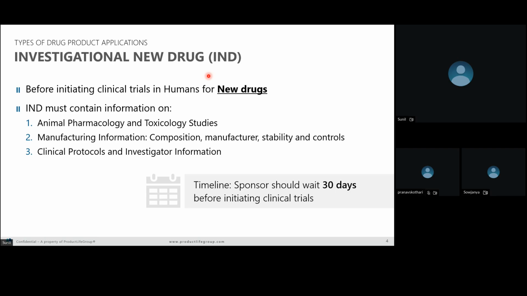Sir, if they started a manufacturing or R&D unit, they're going to register, that's fine. But what if they were starting a new molecule, or doing an ANDA molecule, and no authority knows that they started? Is there any form for that?